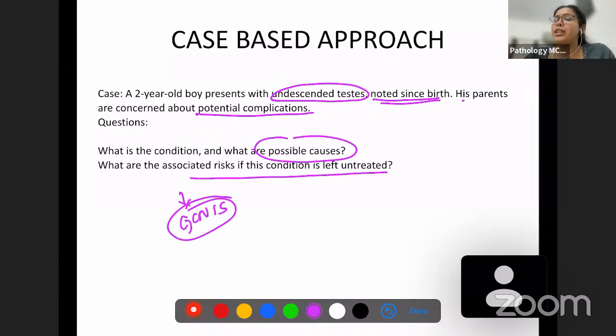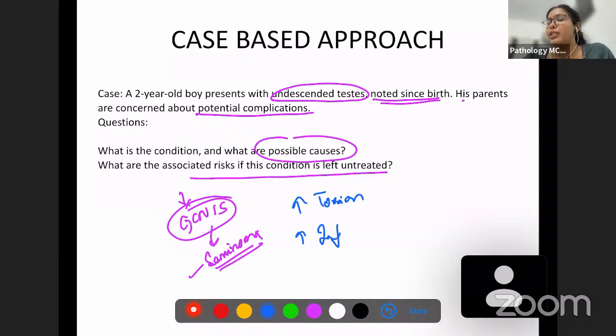So if GCNIS develops, which tumor can commonly develop in GCNIS? Seminoma. So in any patient with undescended testis, in a cryptorchid testis, seminoma is very likely to develop. Other than that, we saw increased risk of torsion, increased risk of infertility. Okay, so these are the complications of undescended testis.